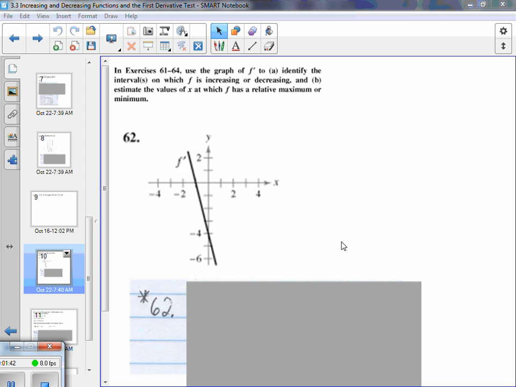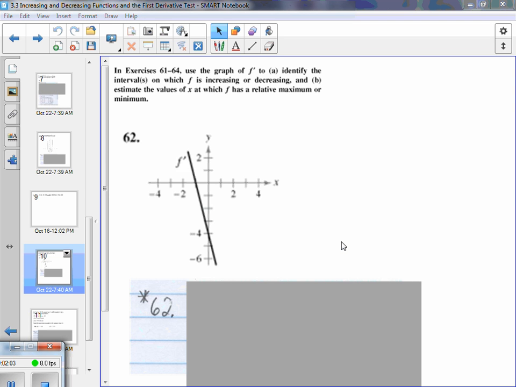Okay? The only time a function can go from going up to going down or vice versa is at the point where the derivative equals 0 or the derivative does not exist. Those are the only two places that can possibly happen. So that means that in between critical numbers, the function's always strictly monotonic.